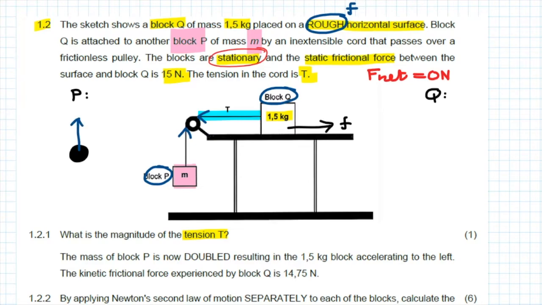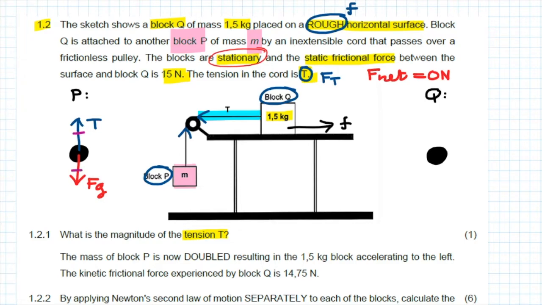We know there's an upwards tension force called T. We're not going to call this Ft, but instead T, because the question gave us this symbol. Block P has a mass, and anything that has a mass has a gravitational force acting on it that is always straight down, so include that. Since the blocks are stationary, we know that these two forces are equal in magnitude but opposite in direction.